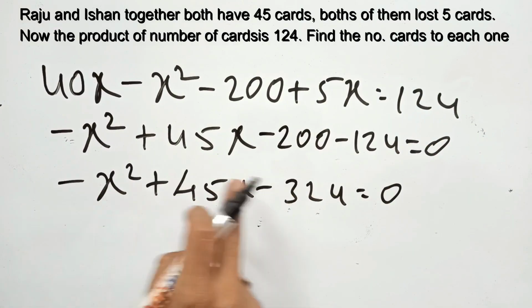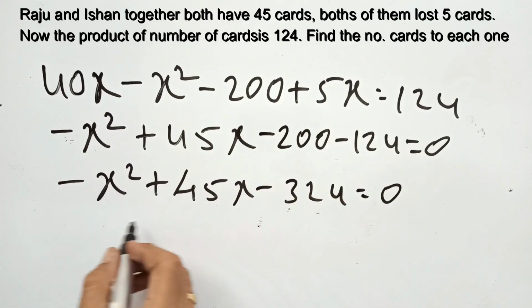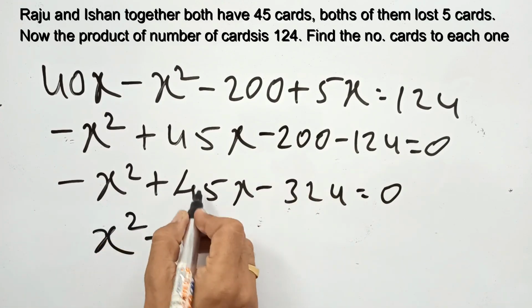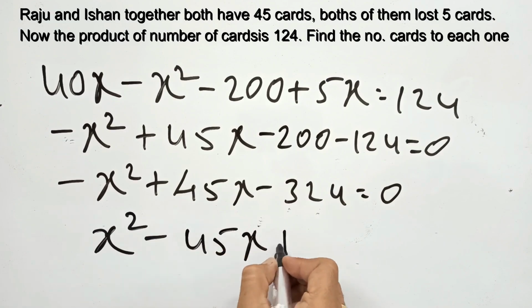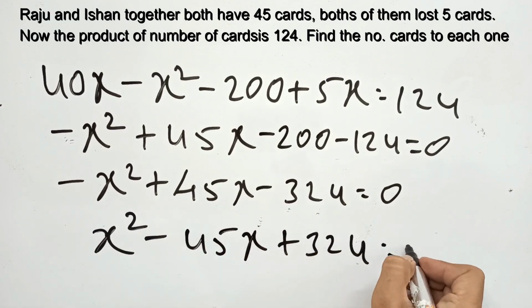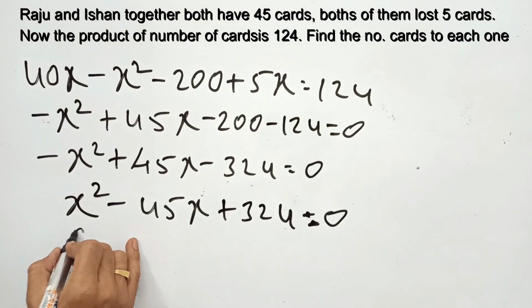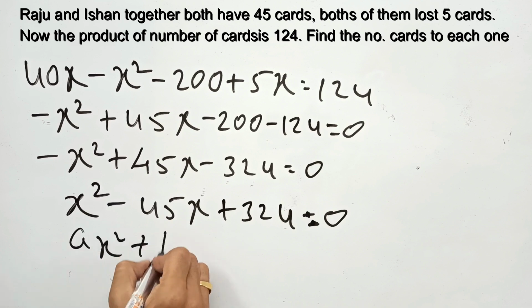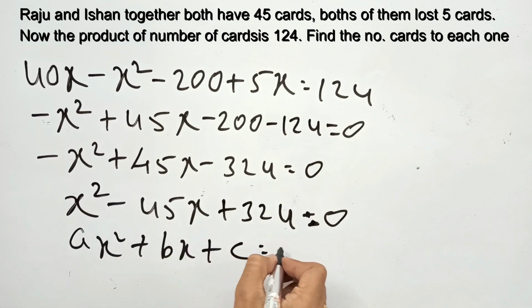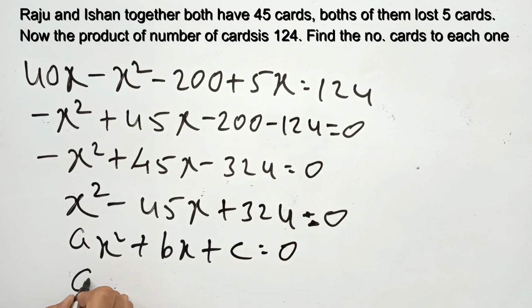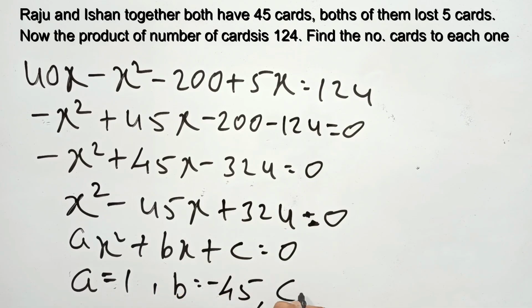In order to convert into the standard form, let us multiply by minus 1. So directly we can write x square minus 45x plus 324 is equal to 0. It is a quadratic equation. Since the numbers are bigger, let us compare with the standard form ax square plus bx plus c is equal to 0. So a is equal to 1, the coefficient of x square, b is minus 45 and c is 324.